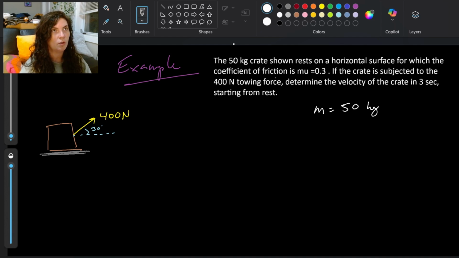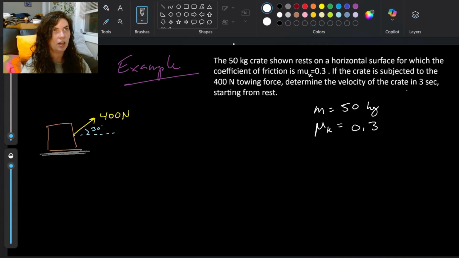The crate is shown on a horizontal surface. The coefficient of friction is mu, and this is kinetic friction. My k got dropped there, but there is a k in there. Our coefficient of kinetic friction is 0.3. Then we have that crate subjected to a 400 Newton towing force that shows up in our diagram on the left.